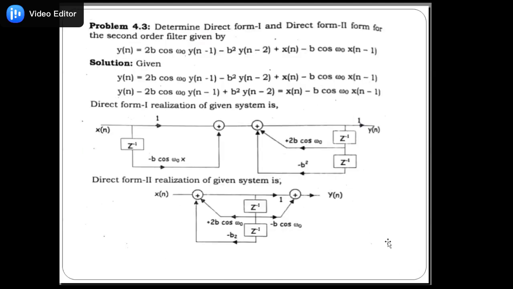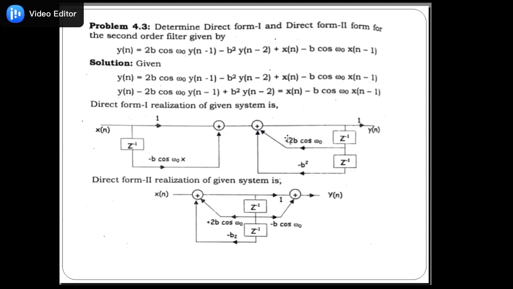Then determine direct 1 and direct 2 form of equation. This equation will generate y of n will be shifted on left side and x of n will be shifted on right side. If you have considered x of n multiplied with 1, that will be the input. Then this term will be multiplied by delay version by 1. That's why you have provided this equation. If you consider y of n, that will be the 1 is multiplied.